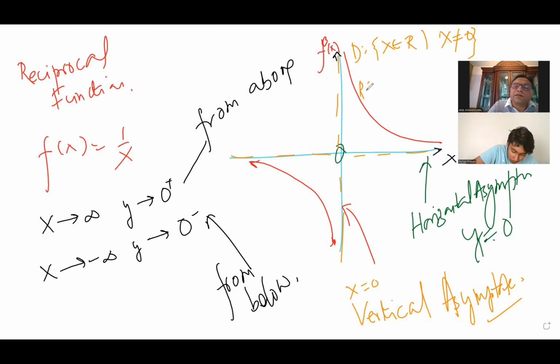Same for the range, right? Yes, so y does not equal 0. Is this concept clear to you? Yes, sir. Very good. So I'll clear the screen. You made a note of all this? Yes, sir. Very good.